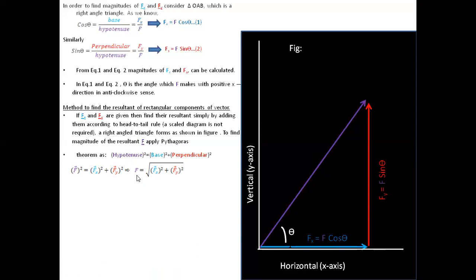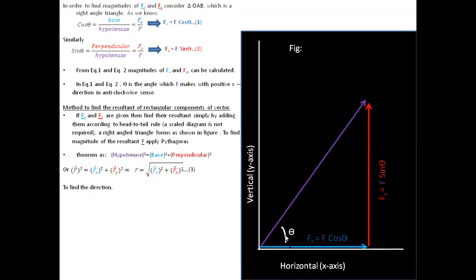It can also be written as F is equal to under root Fx square plus Fy square. Now we are calling it equation 3. This is representing the magnitude of this force. The resultant force F is being found out by magnitude of these two components, the horizontal as well as vertical.